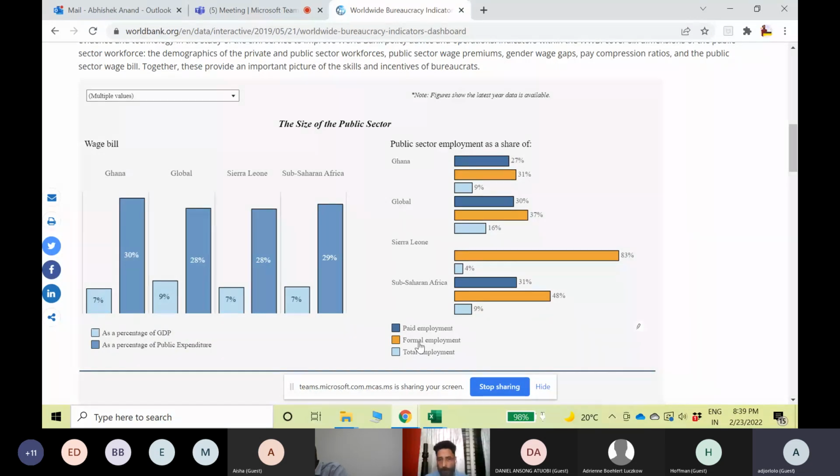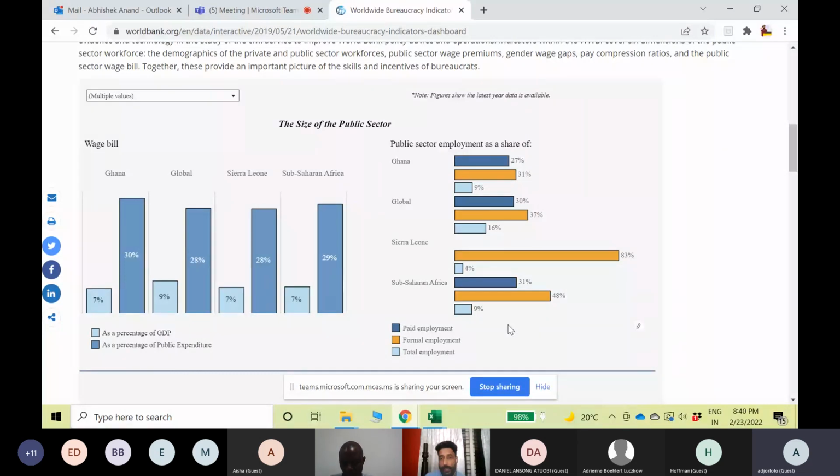Paid employment only looks at people who are either formally employed or contractually employed. But one thing you see here is that Ghana is not very different from the global average, while for sub-Saharan Africa the number is slightly higher. Basically, the size of the public sector is slightly higher in sub-Saharan Africa as a group.